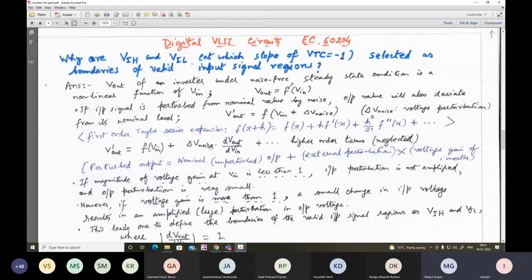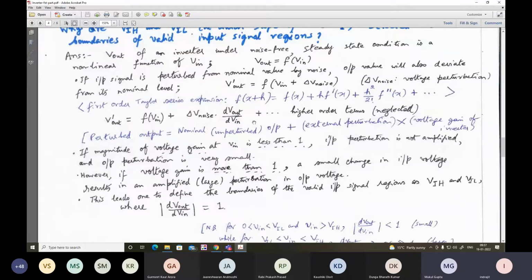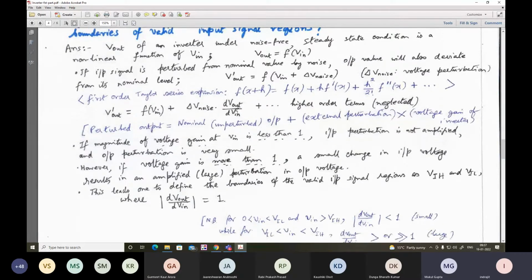So obviously we see that if dVout/dVin is less than 1, then it will be tolerable. Although this will lead to some change, it is within the limit. On the other hand, if dVout/dVin is greater than 1, then the effect of noise may not be tolerated.